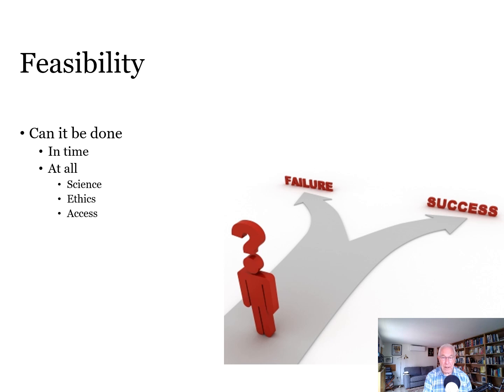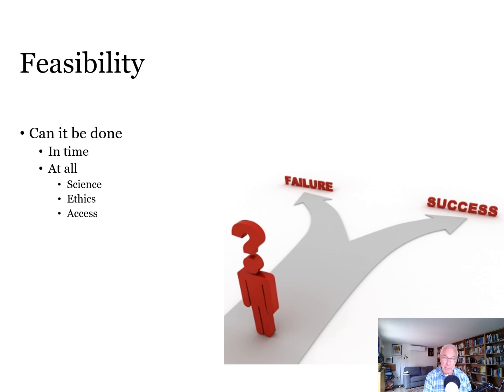And finally, how likely is it that the student, or even you working with the student, will have access to the participants? Sometimes they may be looking to have too many participants and will not be able to find them locally, for example, within the time frame of the project.